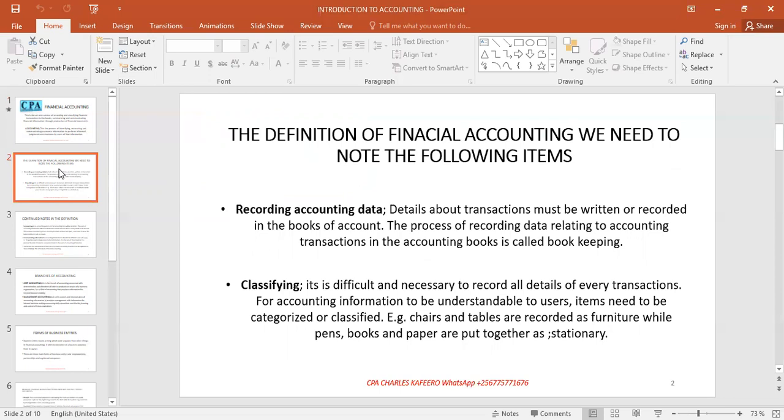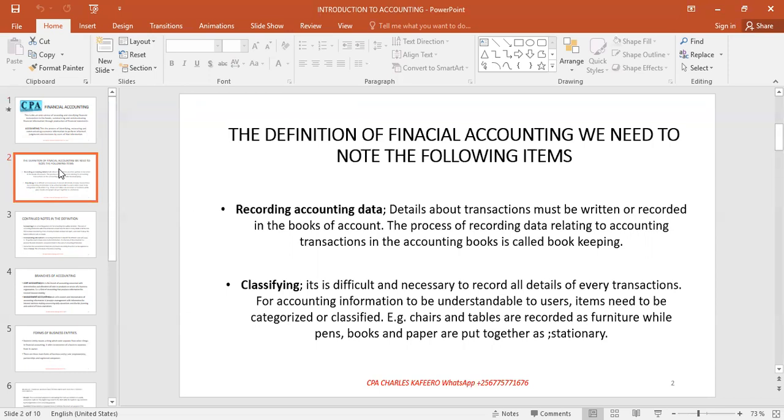Here we mean the transactions; we have the details about transactions we've recorded in the books of accounts. So this is the process of recording data relating to accounting transactions in the accounting books, or in the books of original entry, or the source documents. And that process is called bookkeeping.